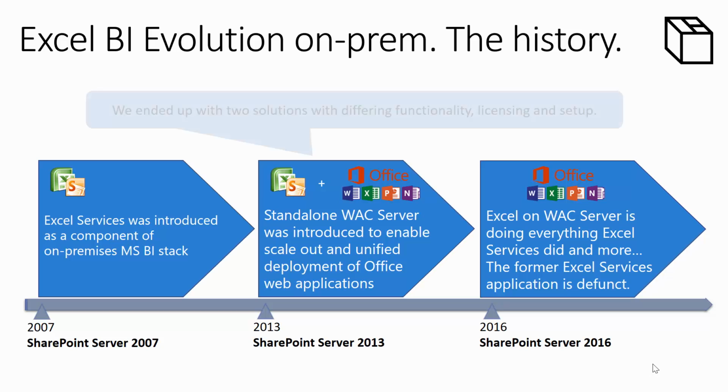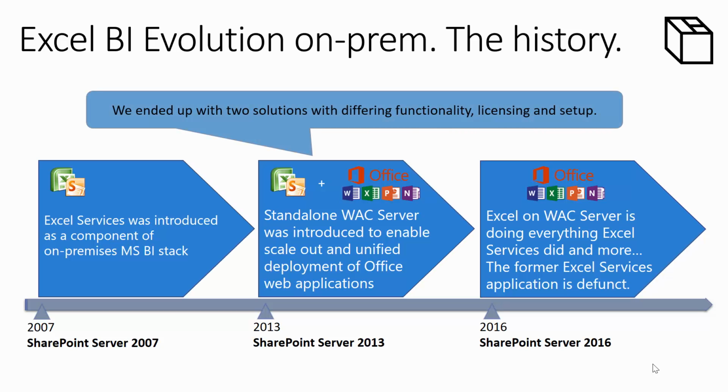So at that point, we ended up in a rather awkward situation where you could have two different instances of Excel running on premises, and that was rather confusing, both from the standpoint of setup and licensing. The functionality differed between these two instances, so we had a rather cumbersome story around Excel in the on-premises BI stack.